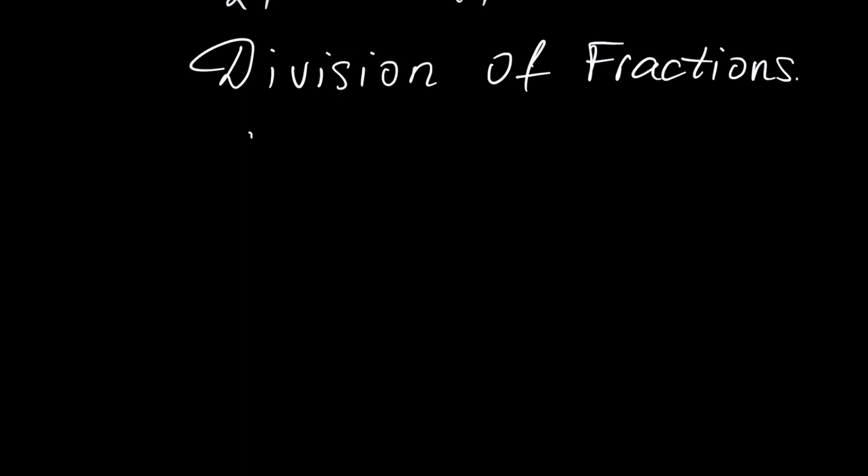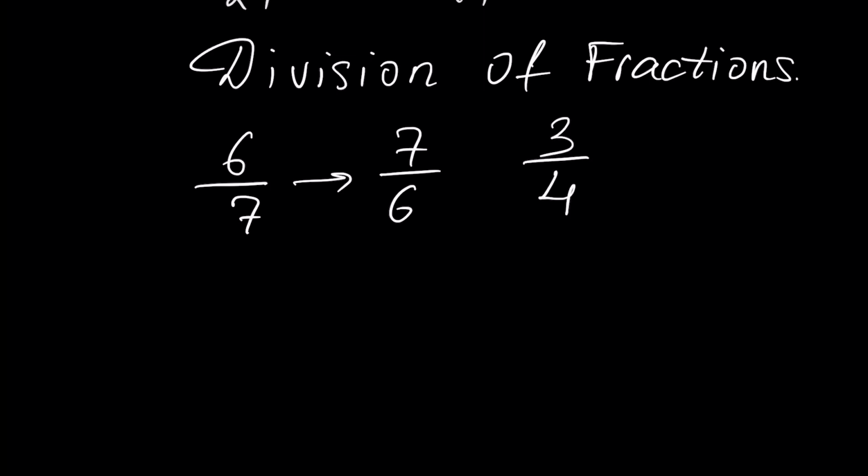For example, if we have a fraction 6 over 7, the reciprocal of this fraction is 7 over 6. We just interchange numerator and denominator. So the reciprocal of, say, 3 over 4 will be 4 over 3.